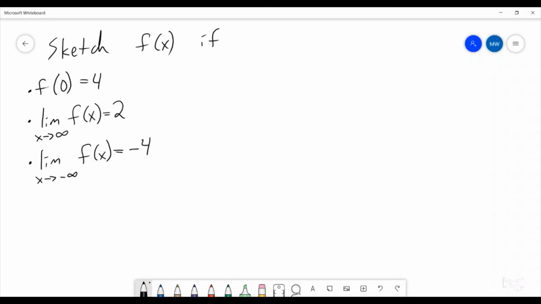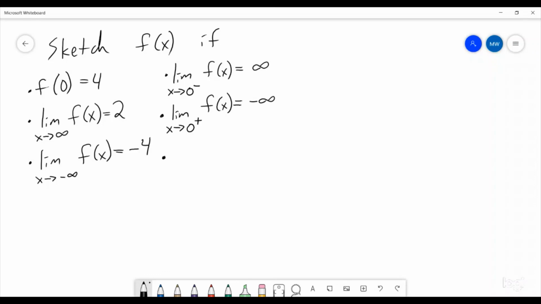We have the limit as x goes to 0 from the left of f of x. That goes to infinity. The limit as x goes to 0 from the right of f of x, that goes to negative infinity.